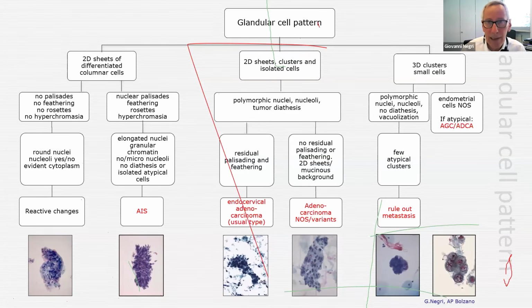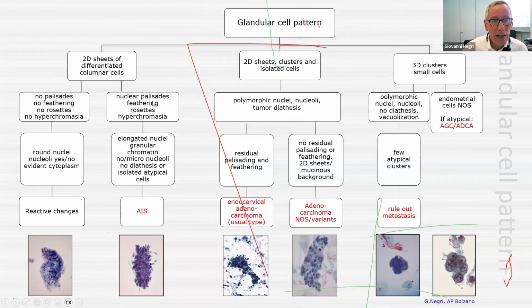So we have a glandular pattern. You look at your screen, and you see abnormal glandular cells. If you see three-dimensional clusters, a three-dimensional architecture of small cells, think about endometrial cancer, or think about metastasis or extracervical cancer. If you have a two-dimensional sheet of differentiated columnar cells, you still see a lot of cytoplasm, no feathering, no nuclear palisade, no hyperchromasia, probably it is going to be reactive.